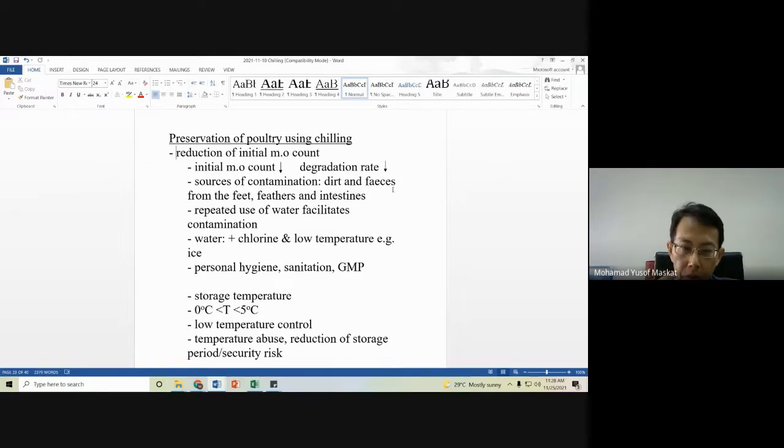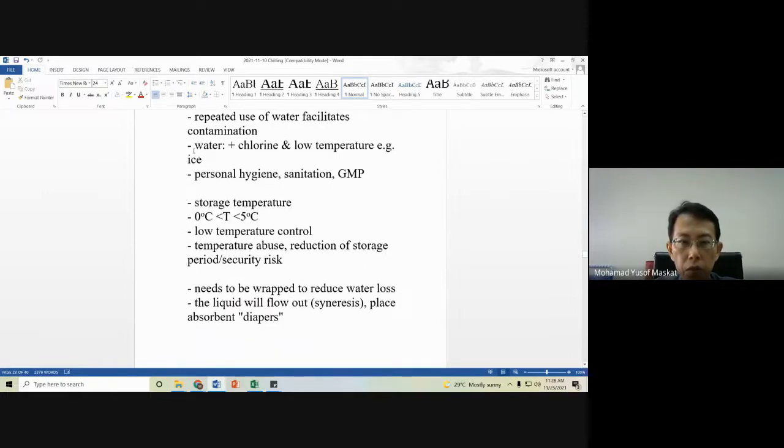So what steps should we take to reduce the contamination? For the water, we will add chlorine, and also use low chill temperature by the addition of ice or other methods, to reduce the risk of cross contamination.